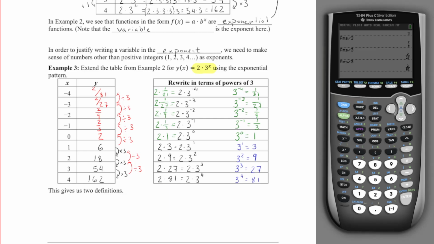And we notice something really neat. We notice this symmetry.